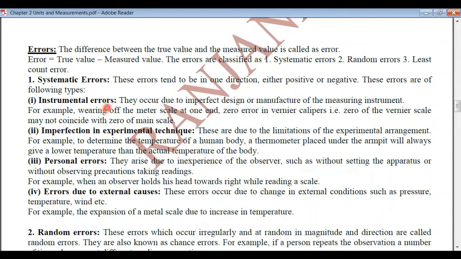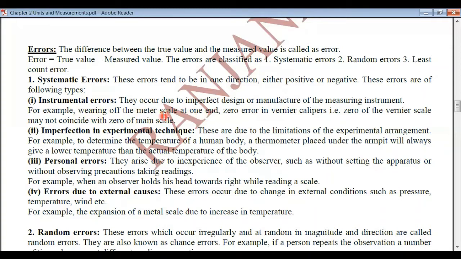The first type of systematic error is instrumental error. Instrumental means there is some error in the instrument only. This error is due to the imperfect design or imperfect manufacture of the measuring instrument. That is, there is some manufacturing defect in the instrument. For example, wearing of the meter scale at one end.